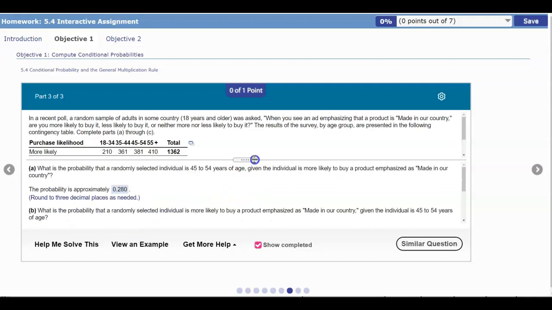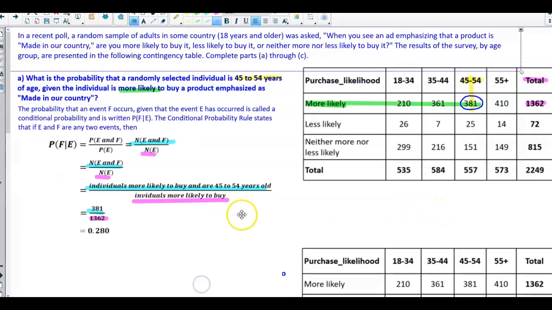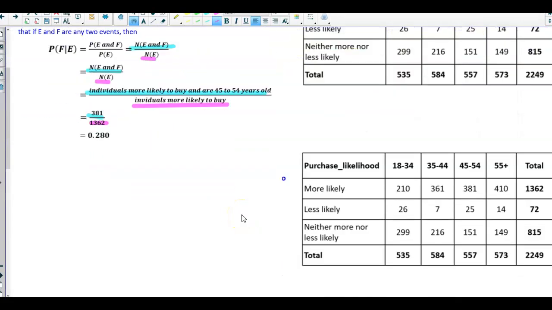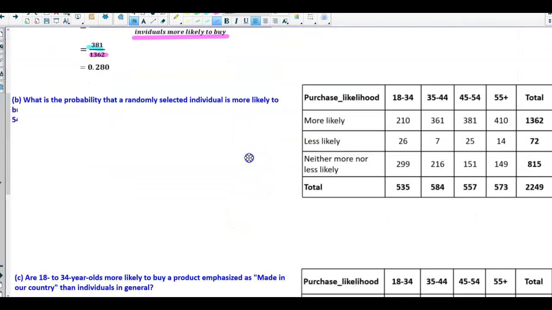Now the next question says, what is the probability that a randomly selected individual is more likely to buy a product emphasized as made in our country, given that the individual is 45 to 54 years of age? So that is our second question. What is it asking here?